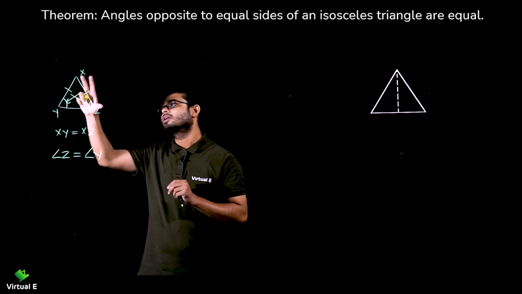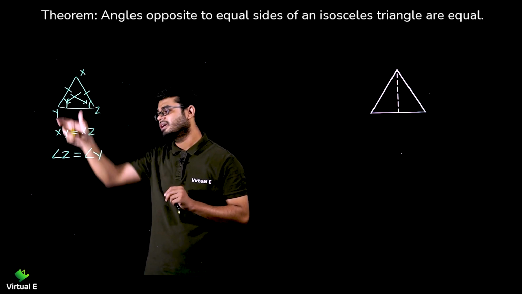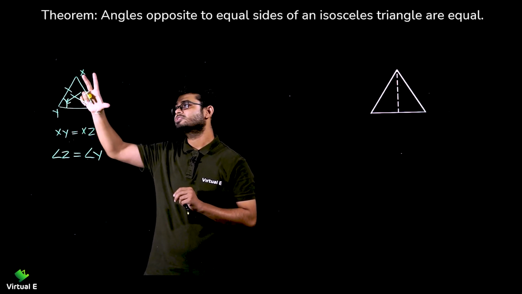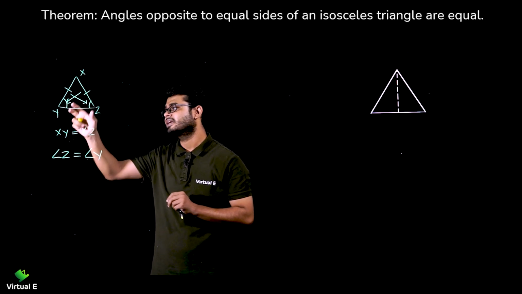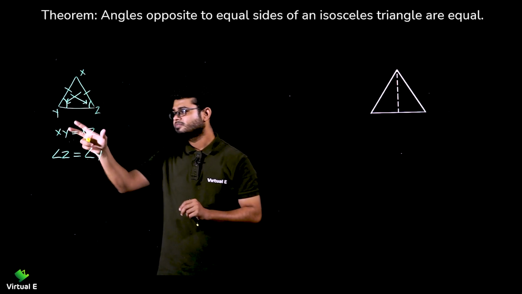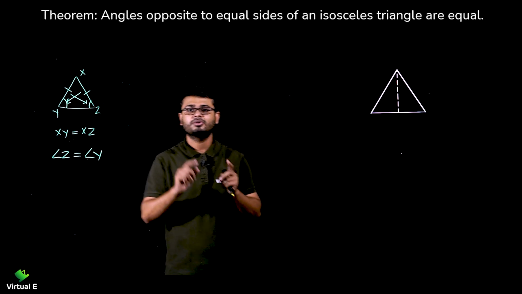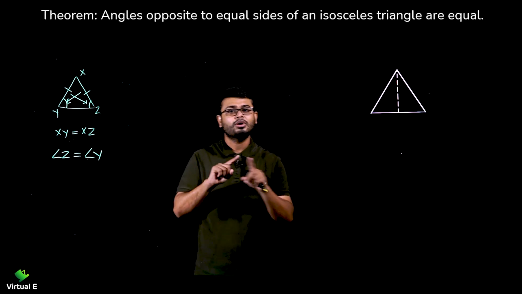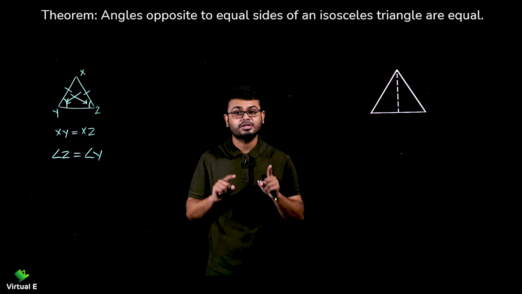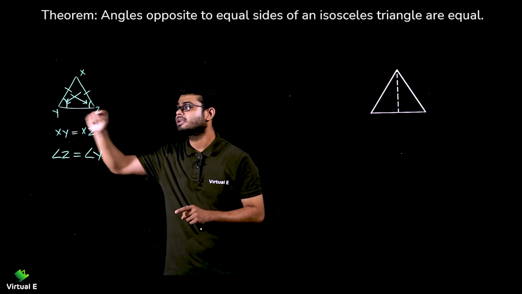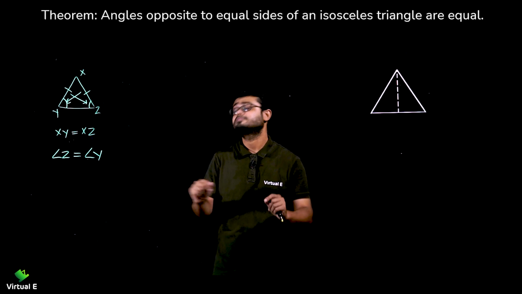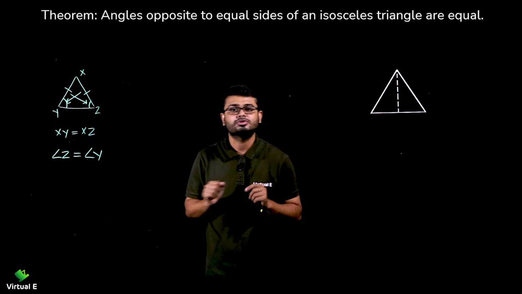Now opposite to XY is angle Z, and opposite to side XZ is angle Y. So these two sides are equal, so the opposite angles to those sides are equal in a triangle. We cannot take it randomly, right? We cannot take any other shape. Remember, it is related to a triangle. So this is what we are supposed to prove.